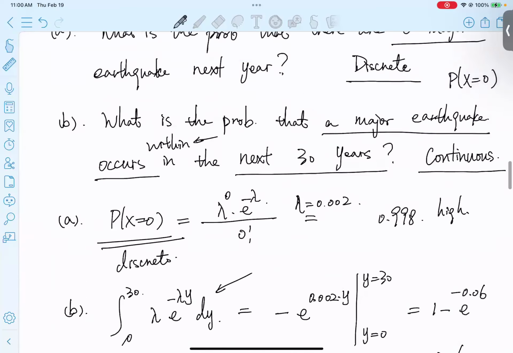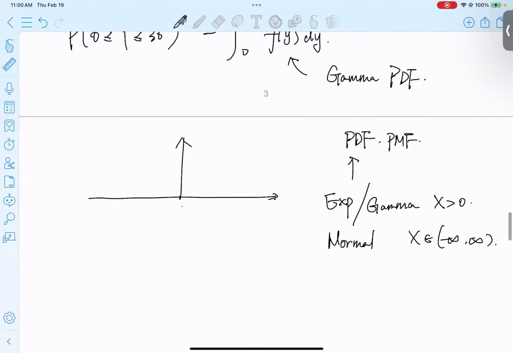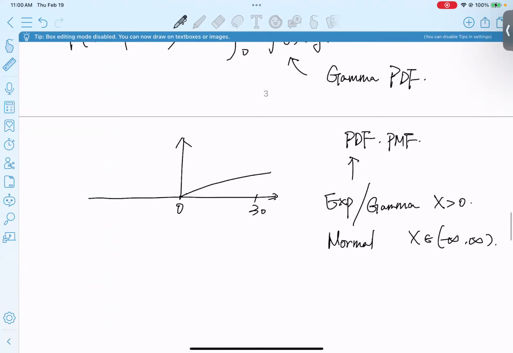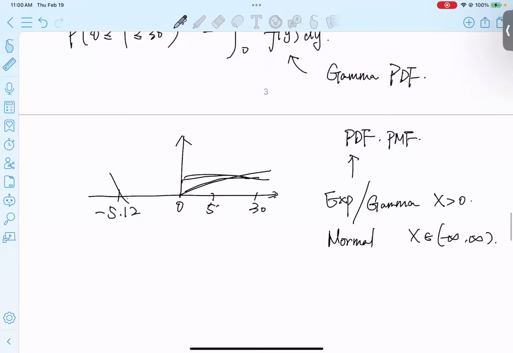In this context, we are talking about time, something happening from 0 or 30 years away. The context only makes sense when we have 5 years away or 5.1 years away. But does it make sense to talk about negative 5.13 years away? Time in this context may not make sense, so we would normally not use the normal distribution, which covers the whole real line.